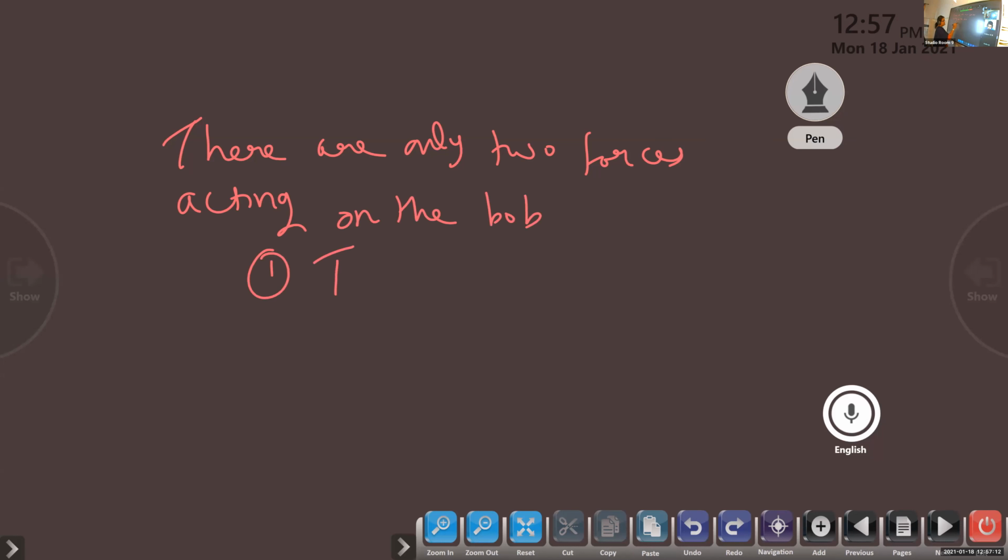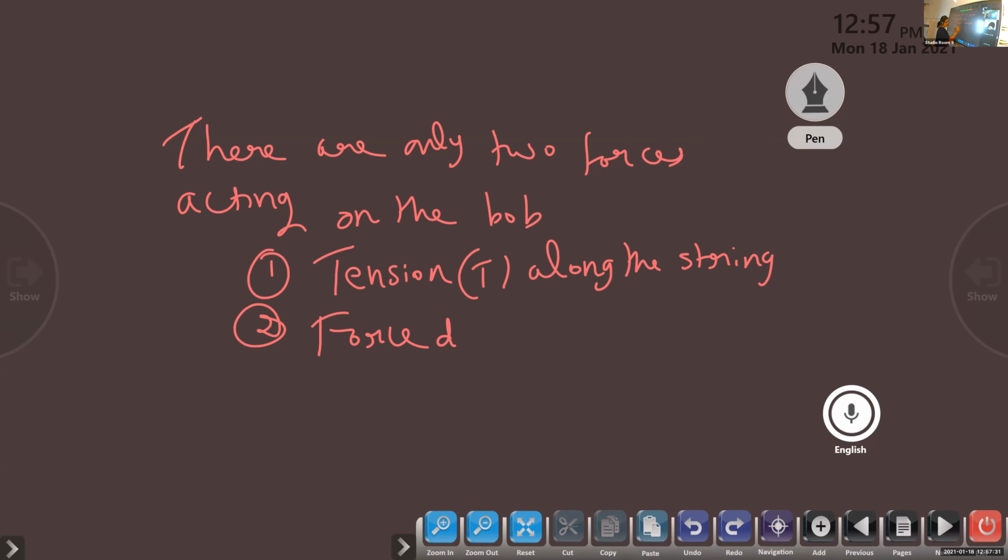First one is tension T along the string. That we have already discussed in volume 1, so I am not going into detail of that. Just write tension T along the string and force due to gravity, mg, along the vertical plane.